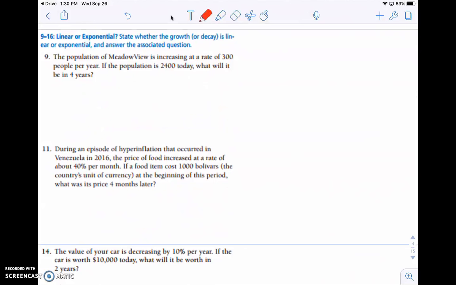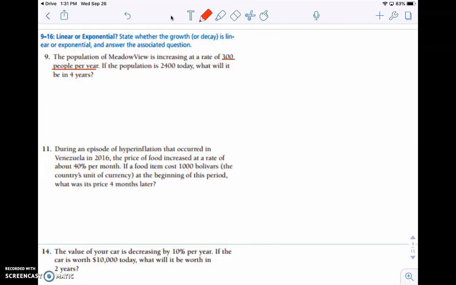So if we look at this first question, here we have linear versus exponential. State whether the growth or decay is linear or exponential, and answer the question associated with it. The population of Meadowview is increasing at a rate of 300 people per year. If the population is 2,400 today, what will it be in 4 years?